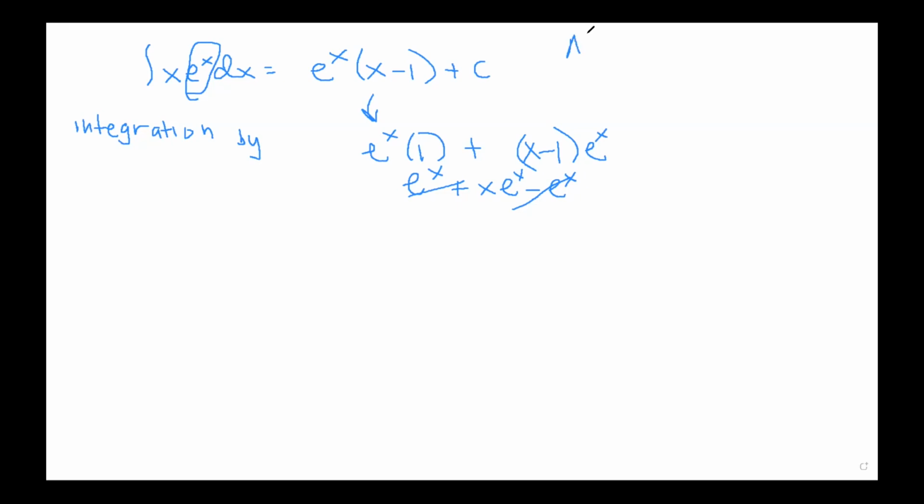Remember that the normal distribution actually involves e to the x, right? With the square root of 2 pi.